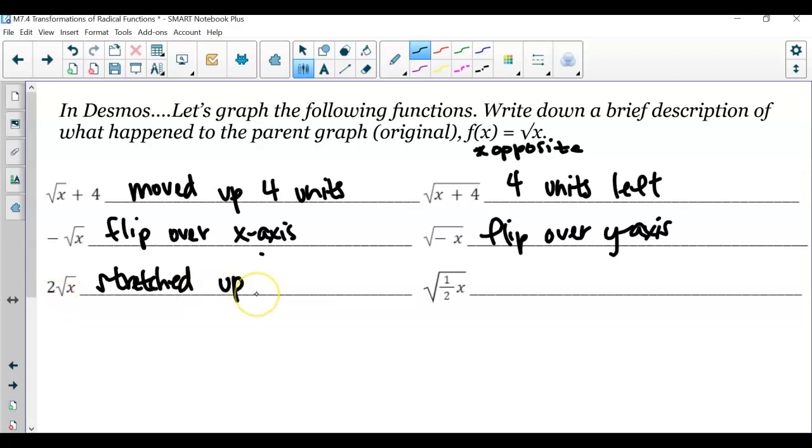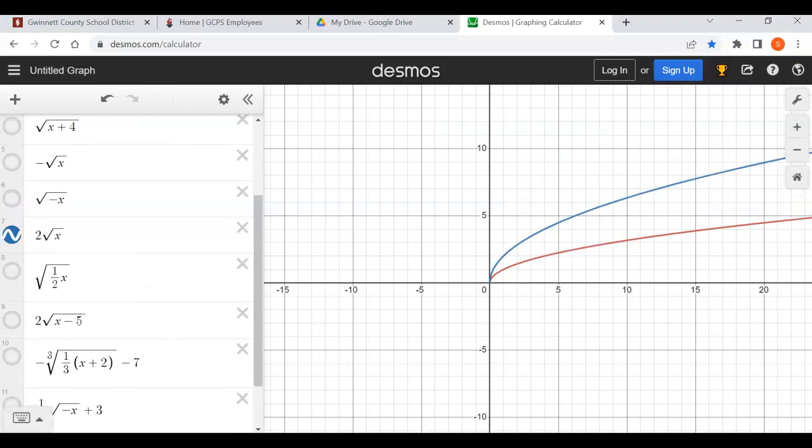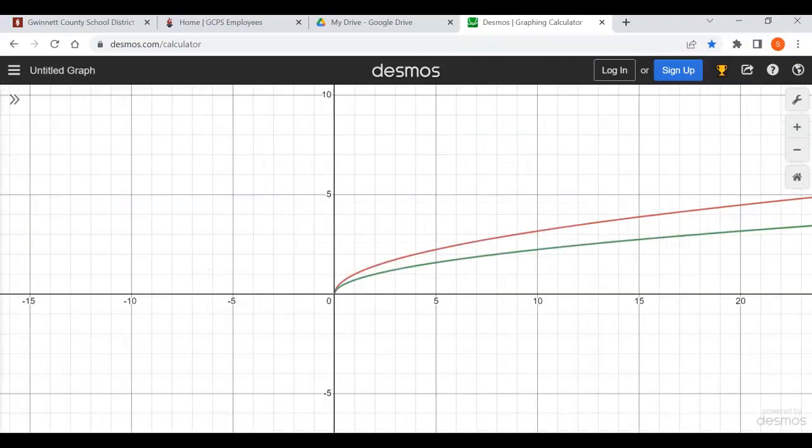So stretching upward. So then the next one here with the 1/2 on the inside, now notice it's again the same graph starting at the same spot, but it's now below it, as if it got flatter, right? So if you think about it, it's almost like when you take a string and you pull it on its side, pulling it sideward, what happens?